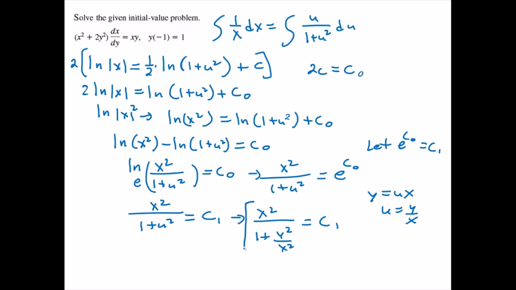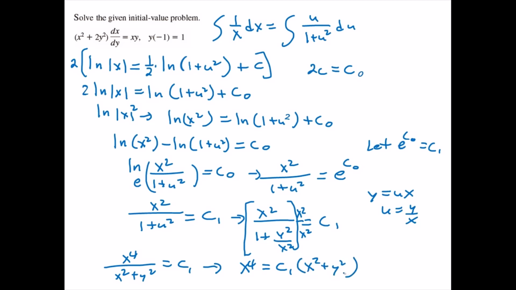And to simplify, we'll multiply both the numerator and denominator of the left-hand side by x squared. And that will give us x to the 4th over x squared plus y squared, and that will be equal to c sub 1. Or we can multiply both sides by x squared plus y squared, telling us that x to the 4th will be equal to c sub 1 times the quantity x squared plus y squared.